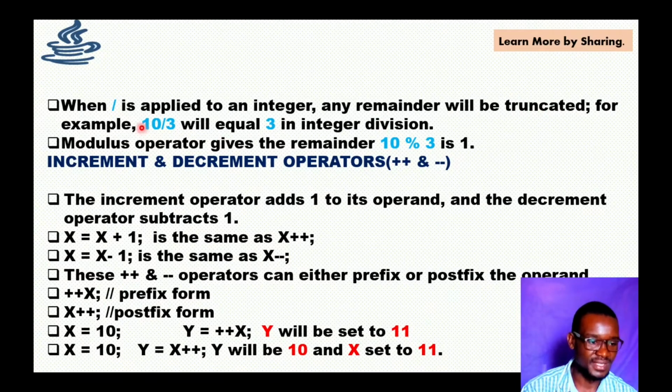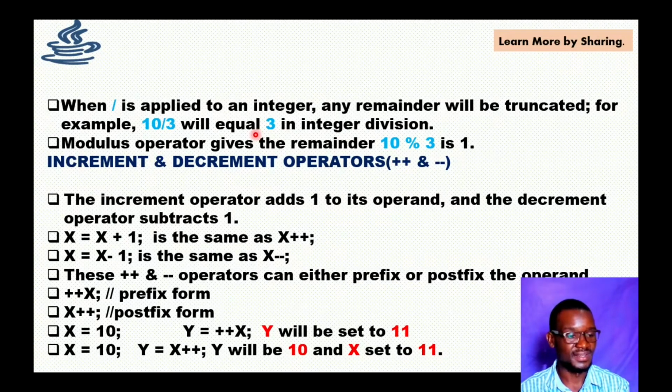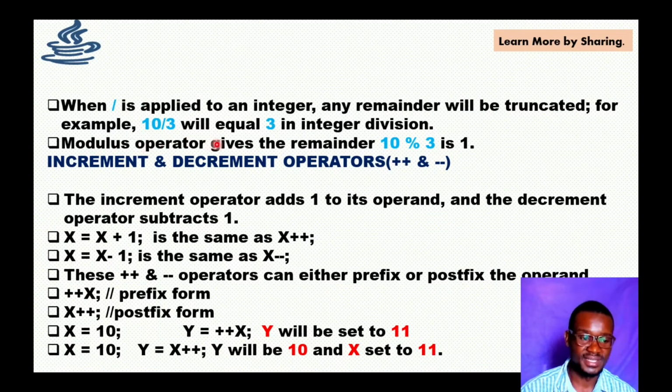For example, 10 / 3 will equal 3 in integer division, meaning the remainder will not come out. If we want to get the remainder, we use the modulus operator, which is the percent sign. So we say 10 modulo 3, which will give us 1.